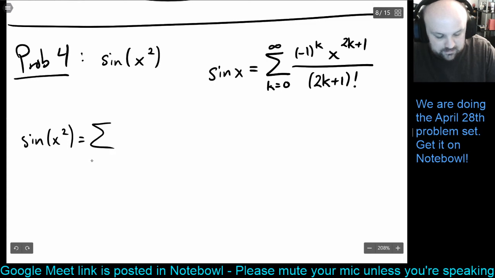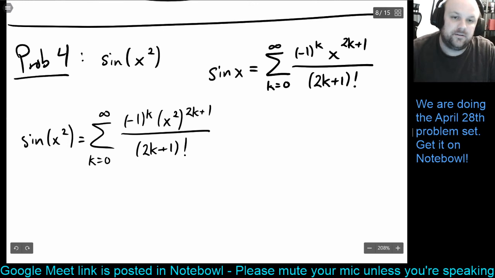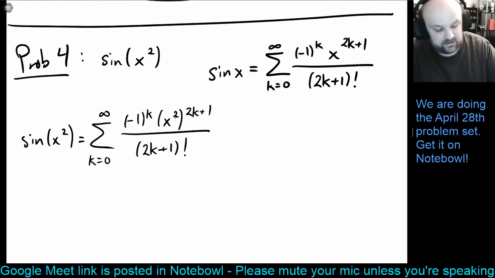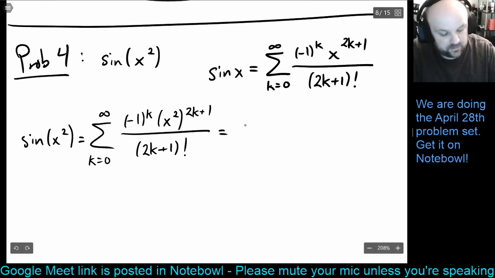So it's the sum from 0 to infinity of minus 1 to the k, x squared to the 2k plus 1 over 2k plus 1 factorial. Yeah, that's exactly it. It'll be a good idea to multiply this out, because we still want to write this as x to some power. But yeah, that's exactly it.